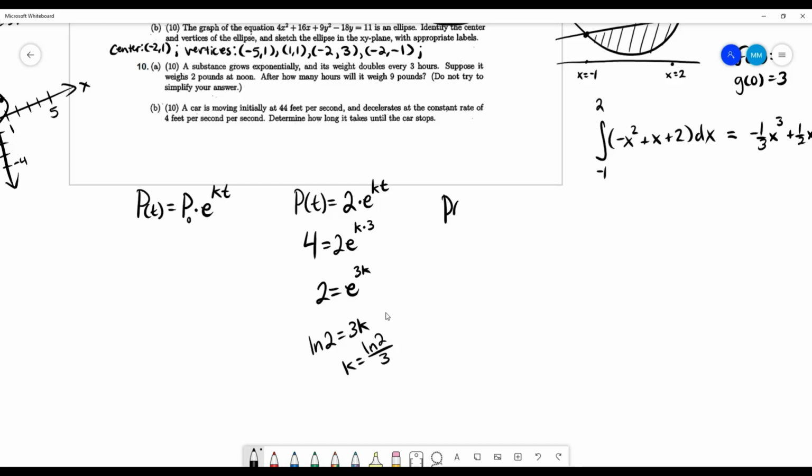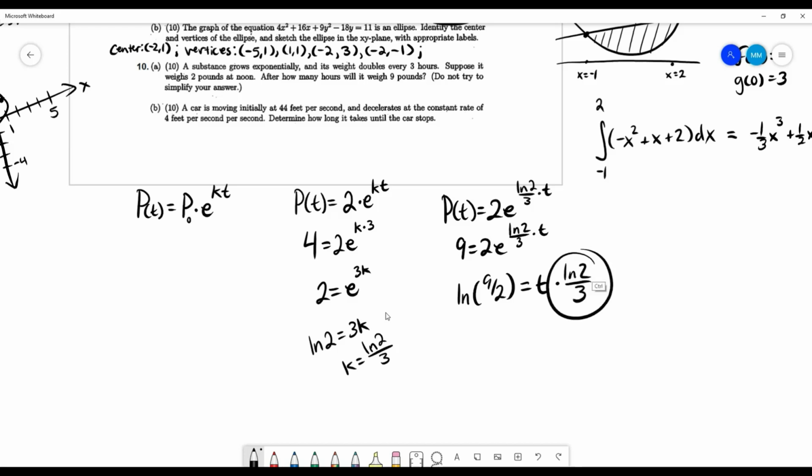Which means our function is now this. So now we want to know when it weighs 9 pounds. So it's going to be 9 equals 2e to the kt. And now we just solve for t. So we're going to divide that off. So it's going to be 9 halves equals all of this, which means I then take that natural log. So I'm going to get that.